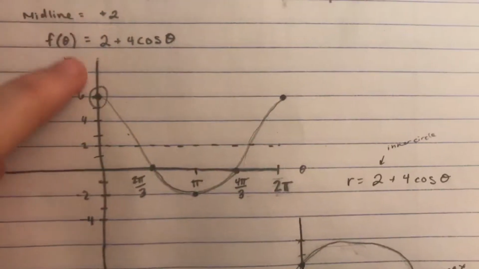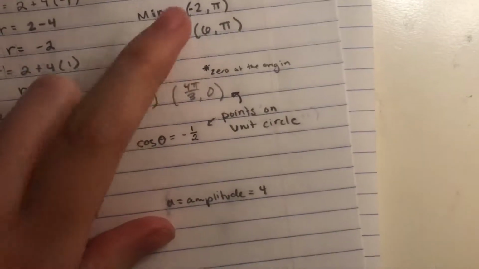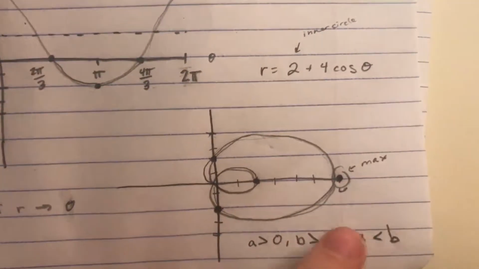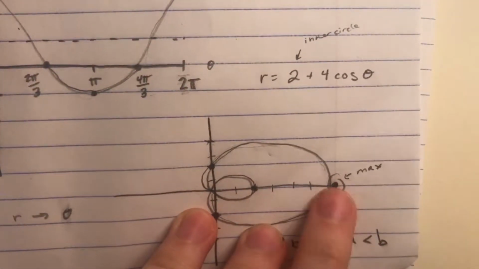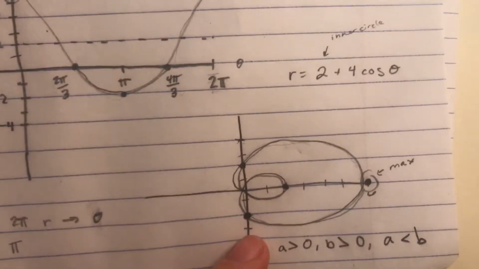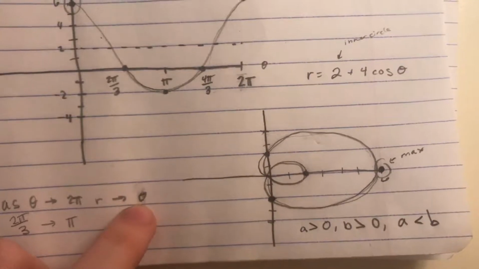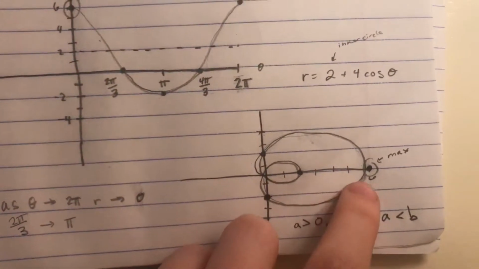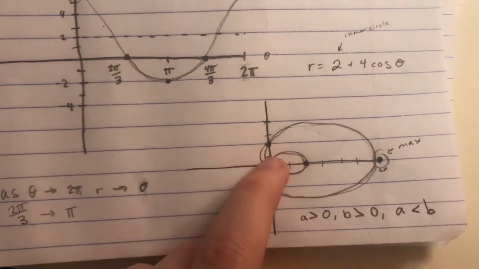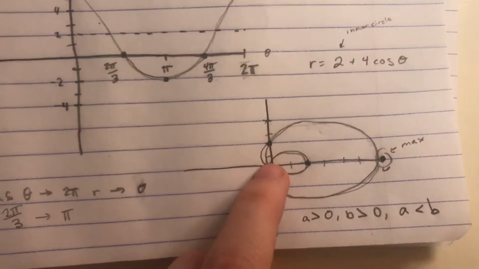So here we have a maximum of 6, just like we calculated earlier, and that's going to correspond on our polar graph that we have a max of 6 right there. Theta is approaching 2 pi, r is approaching 0. So that's what we have here. This is this line right here.